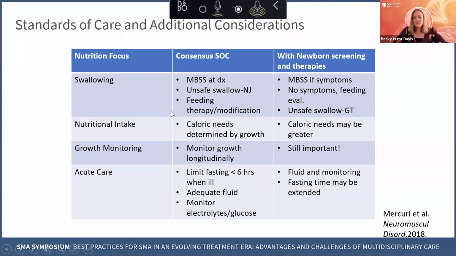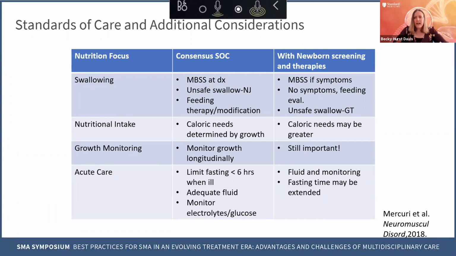So initially, swallowing is our ultimate concern for children with SMA. Typically, when a child is diagnosed with SMA, this was based on symptoms. And because of this, we recommended a modified barium swallow study right at diagnosis.